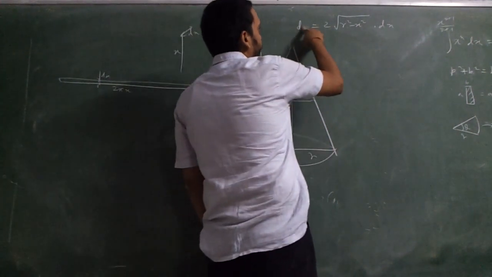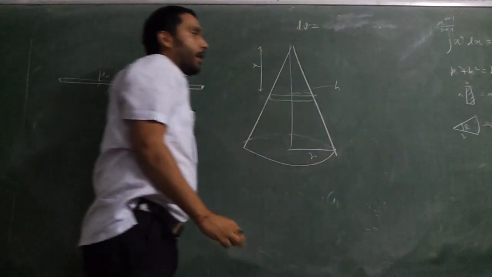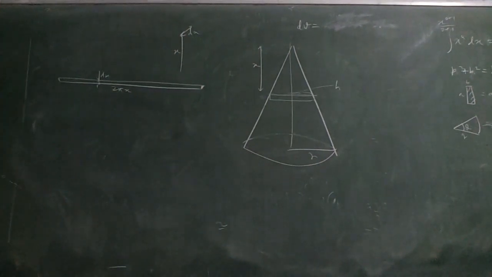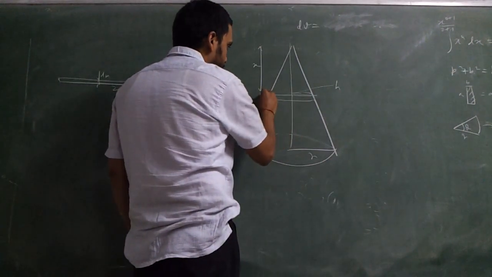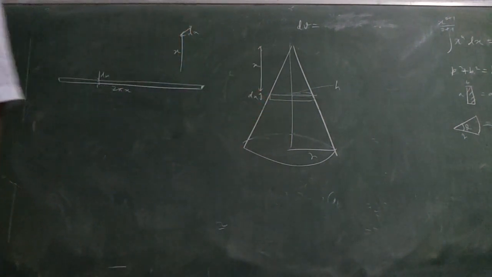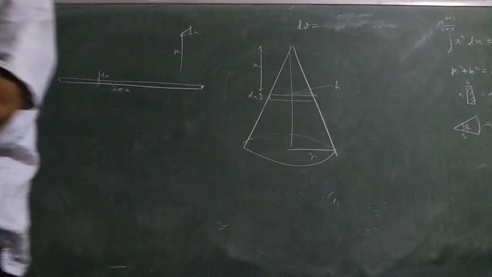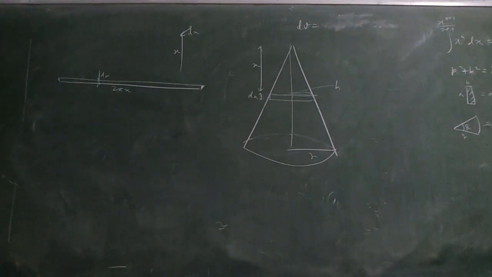The slices should not overlap each other, and you should know by what small length you are going down. By how much will you be going down? dx. So this length will be your dx, in line with x. If you know at any random position x the volume of this elementary slice, then you can integrate it from x equals 0 to x equals h and get the whole volume.